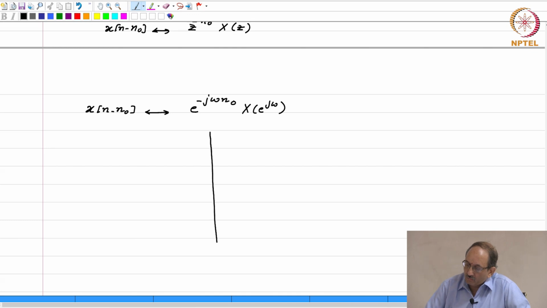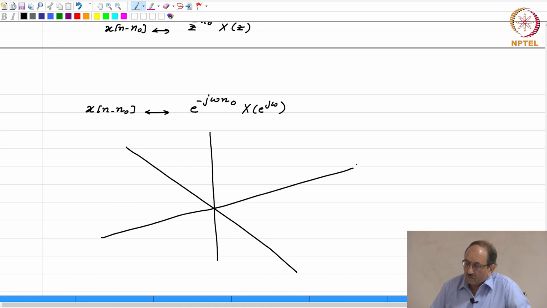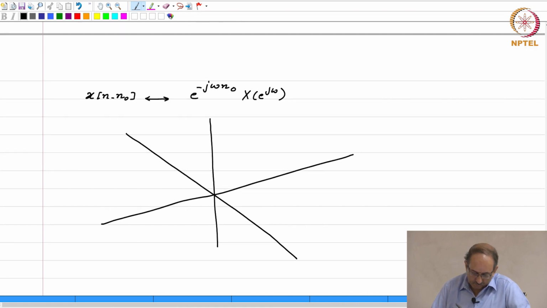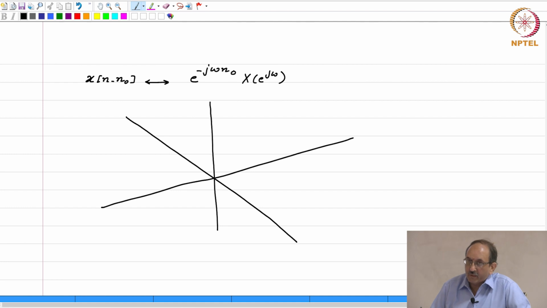So, let us now plot the Fourier transform. Sequence we are interested in is this. Later we will be looking at cos omega naught n. We will formally derive the Fourier transform of this, but in terms of equation this appears similar to what we had seen in continuous time.